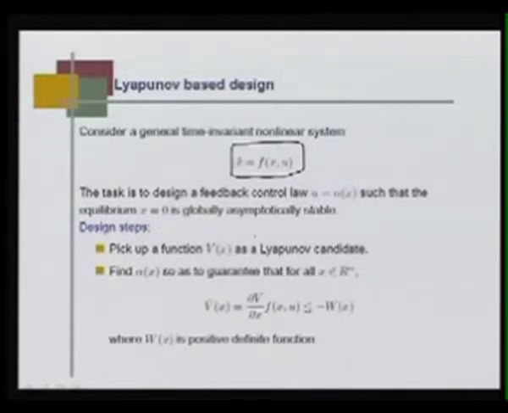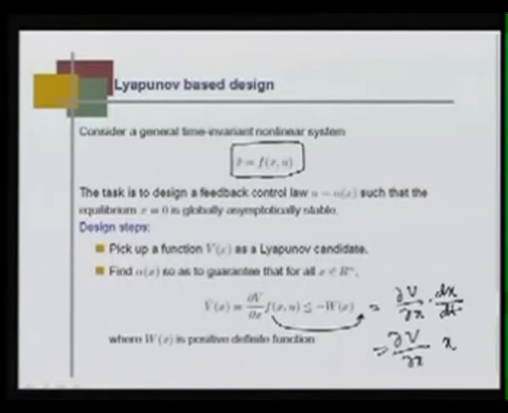The design step is always this: you find a Lyapunov candidate V x, then you find V dot, the rate derivative, which you can write as dou V upon dou x into f x u, because V dot is dou V by dou x times dx by dt, that is, dou V by dou x times x dot.